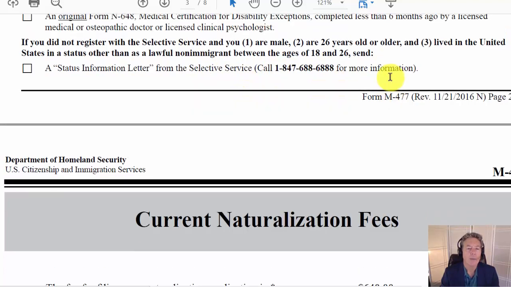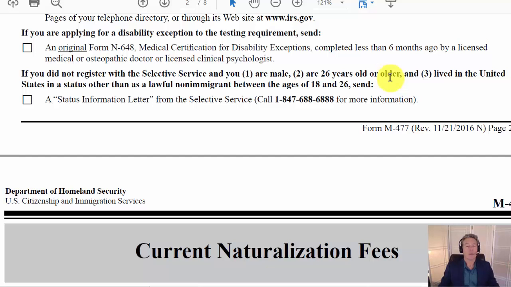So that's going to give you an opportunity to register, and a lot of times it just makes you wait 5 years after 26 to prove that you're a person of good moral character when you have not registered for the draft, because they want you to register for the draft. Is it too late? Maybe it is, maybe it's not.